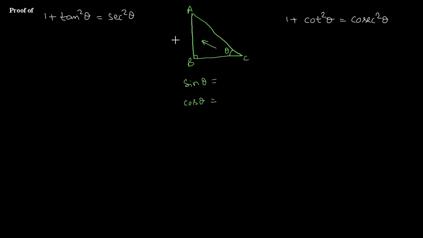That will be my opposite, that is my adjacent, and that's my hypotenuse. So opposite by hypotenuse is going to be AB by AC, and this is going to be BC by AC. These two are based on angle theta, where C is the angle theta we have considered.